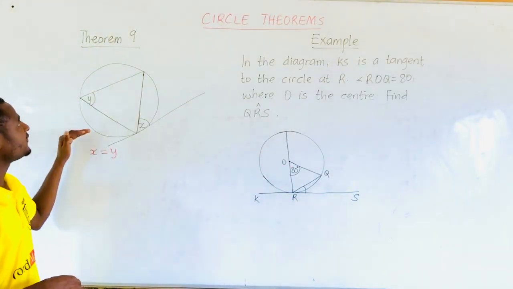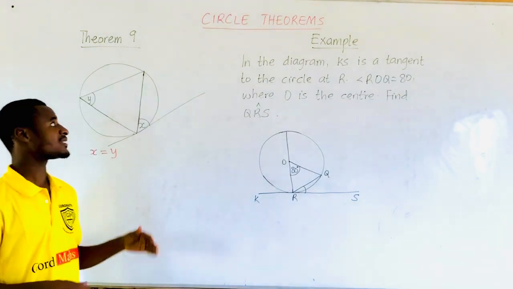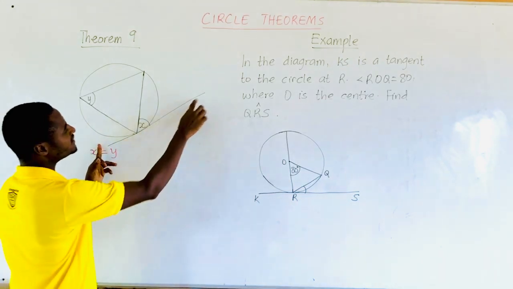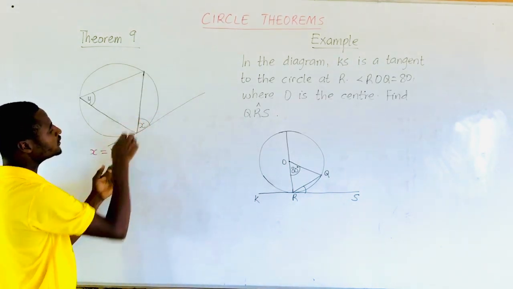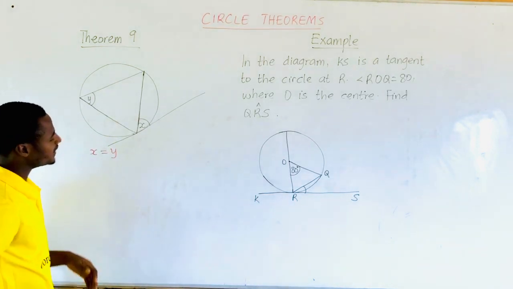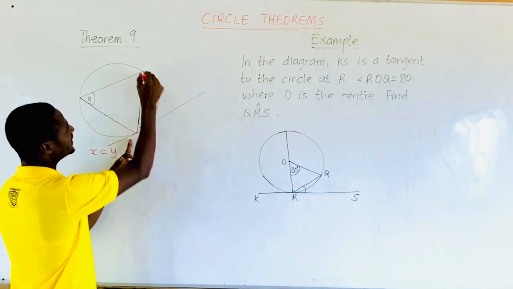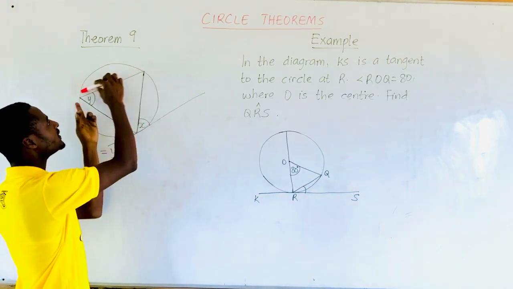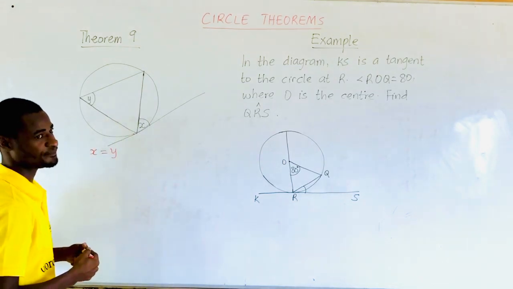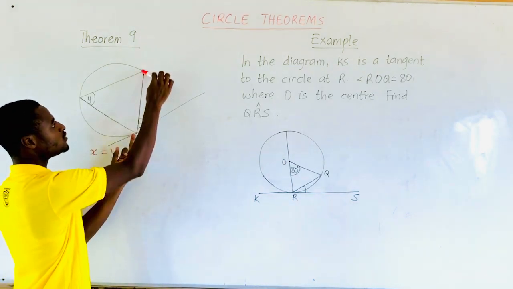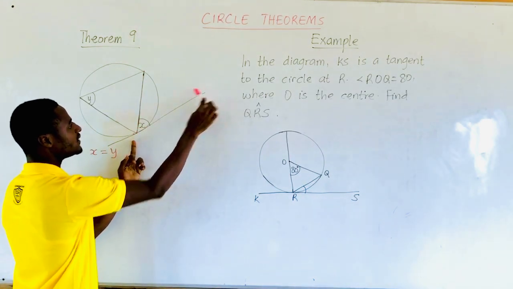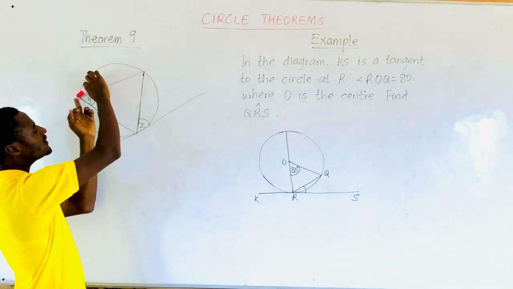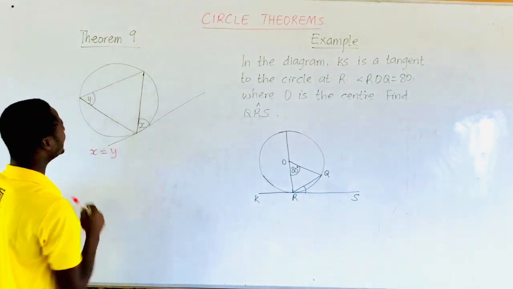This is one special feature of a circle, and we are treating it as the ninth circle theorem. Now when we have the tangent to a circle meeting a chord on a circle, then the angle that is formed between the tangent and the chord is equal to the angle that is subtended by the chord on the circumference of the circle in the other segment.